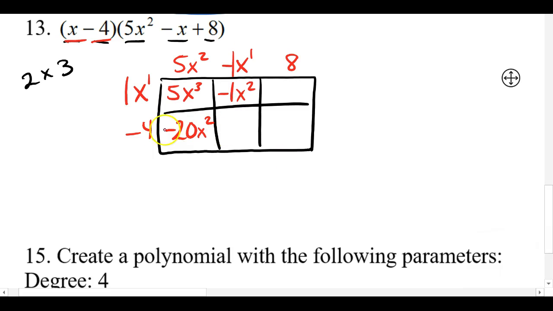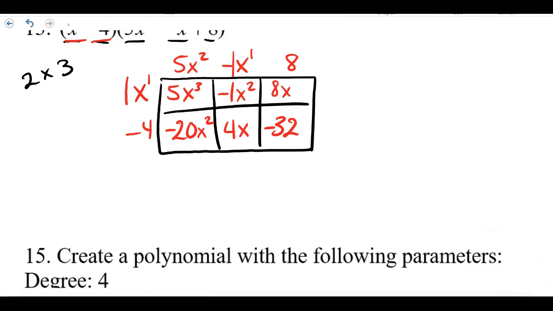And then here, we're going to have negative 4 times negative 1. Well, that makes a positive 4. And then times x. And then here, we're going to do 1 times 8. That's 8 times x is x, so 8x. And then 8 times 4, well, that's 32. And then we have a negative times a positive, so it's negative.